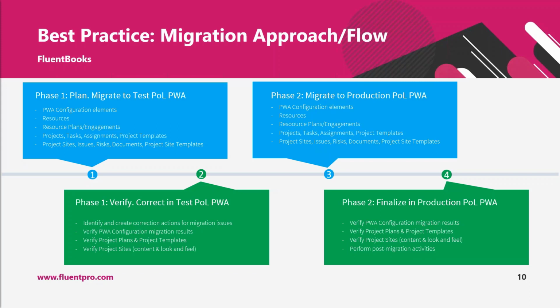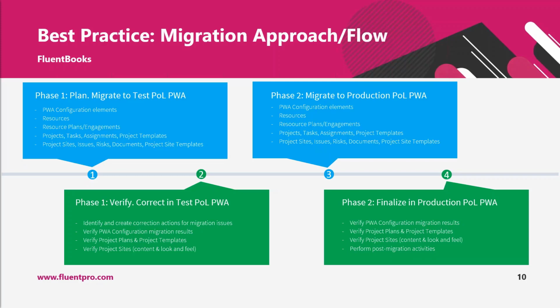So one of the approaches to production migration is to do the main migration without freezing the environment. Download all the data from the source PWA, then upload it to production Project Online PWA, allowing users to still work with the data in the older environment.